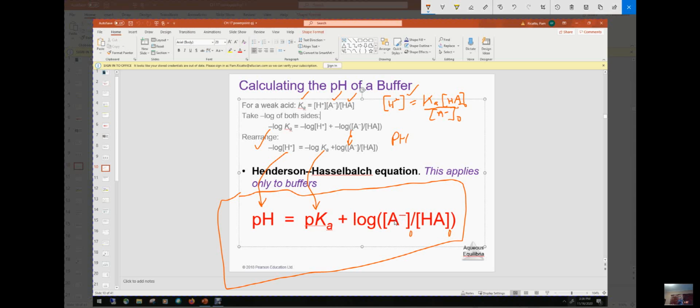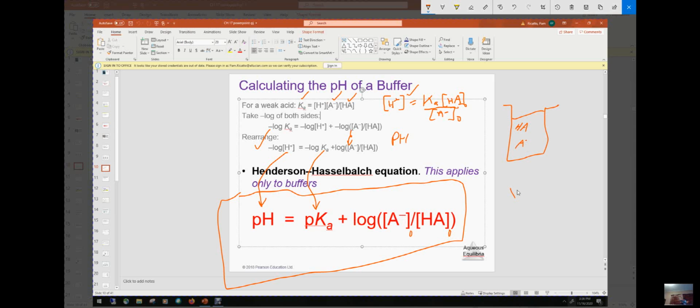Because in a buffer, remember, X is going to be very small. You're going to have so much H plus in there, so much HA and A minus around, that when the equilibrium goes either left or right, the amount that they're going to shift is going to be very small.